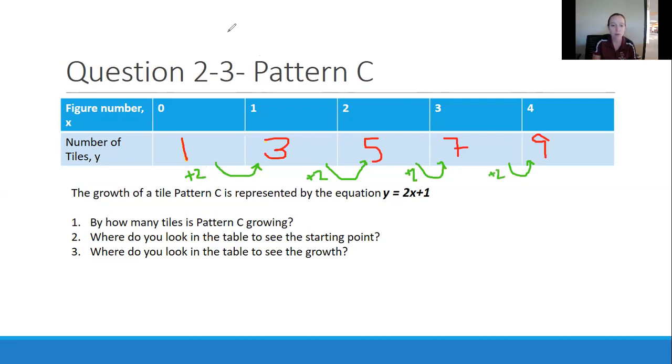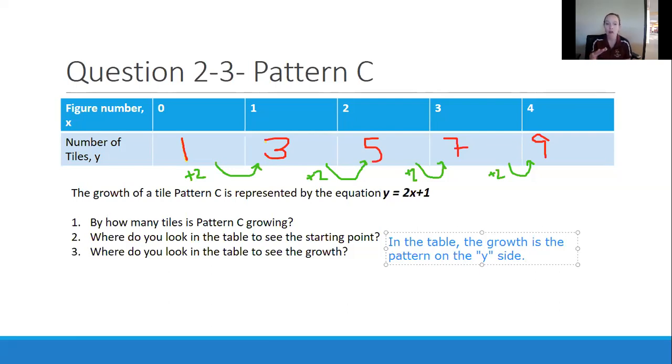Okay, so here, where do you look in the table to see the growth? The growth is the pattern in the Y, and I'm going to put Y. So in the table, the growth is the pattern on that Y side.